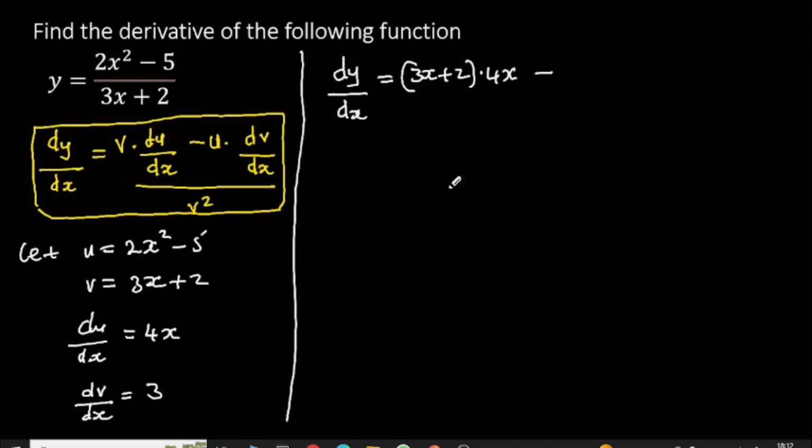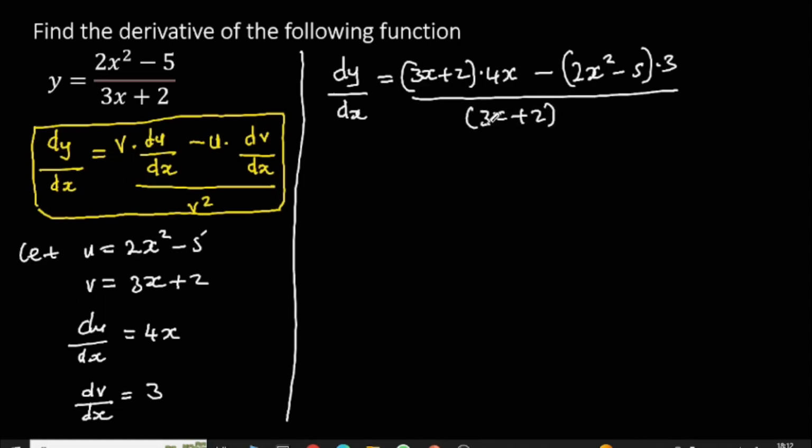Then you subtract u, which is 2x squared minus 5, and multiply by change in v over change in x, which is 3. Then you divide by the denominator squared. The denominator is v, which is 3x plus 2, and therefore it has to be squared like that.